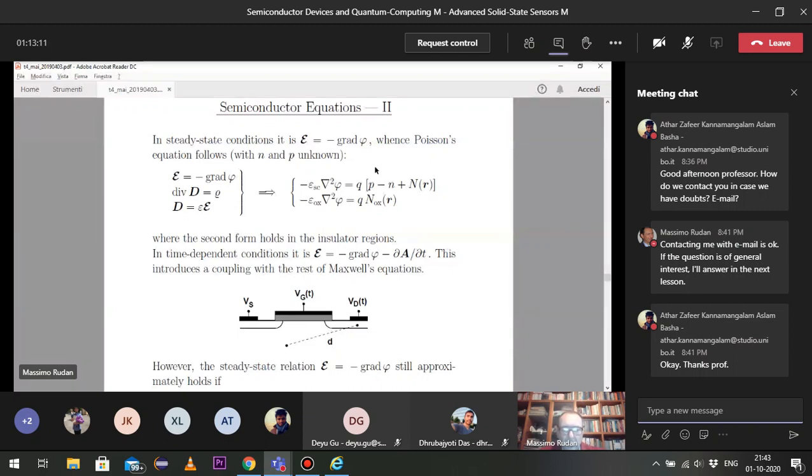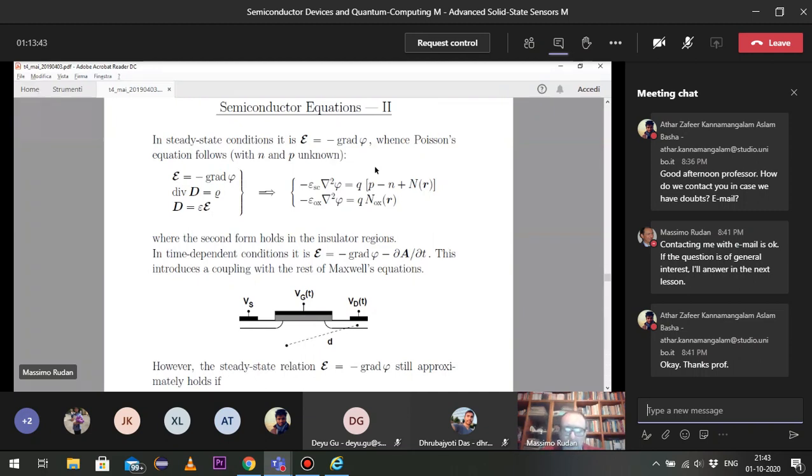The second equation on the second line is again the Poisson equation, because when you have a device, and you know very well that there are important devices like the MOS devices, like the MOS transistors, for instance, in which an essential part of the volume of the device is made of insulator, okay?